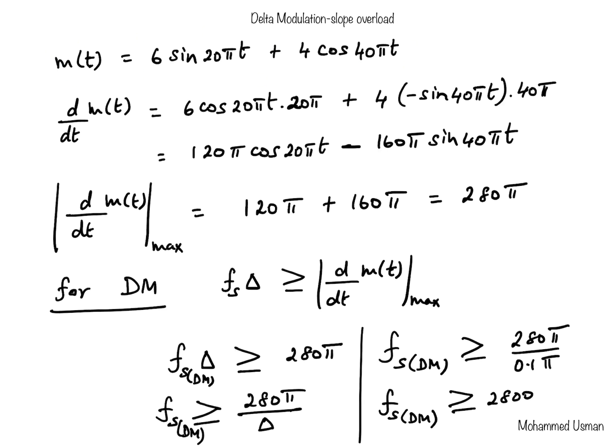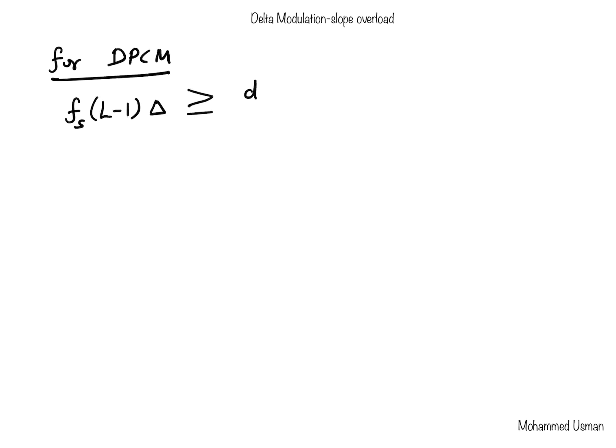Similarly, we will compute the minimum sampling rate for differential pulse code modulation. For DPCM, the condition that must be satisfied is Fs times L minus 1 times delta should be at least the maximum slope magnitude of the input signal, d by dt of m of t.